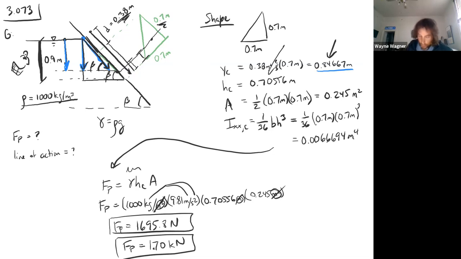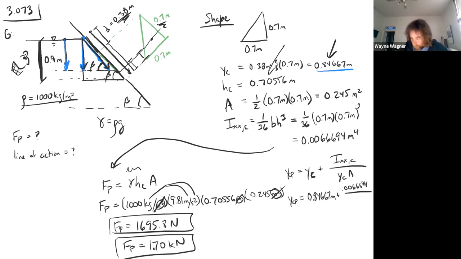All right, so then we want to know where it happens. So we look for YCP, and it's the same formula: YC plus IXX comma C over YC times the area. YCP, the Y is the centroid. At this point, we just plug in numbers. You probably don't even need me to talk you through this, but I'll go ahead and do it just in case there's something weird. So it's 0.84667 plus 0.0066694 divided by 0.84667 times the area, which was 0.245. I'm not going to be able to squeeze the units in there, which is annoying.